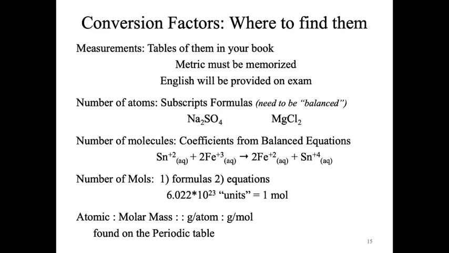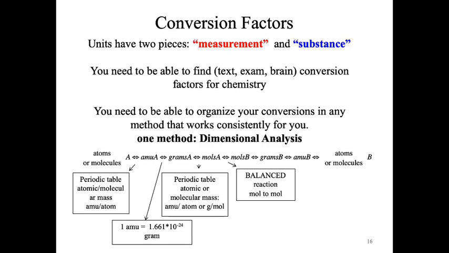That's one of the important things in chemistry. How do we find where that information is? How do we decode that information? Conversion factors, we've got measurements and substances. How we can move through it is dimensional analysis and recognizing how to do each of those steps. Okay? I don't find this one as useful, and I'm tempted to delete it because I just don't like this slide. But I built it, so I feel kind of bad.